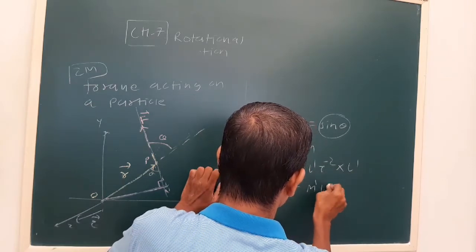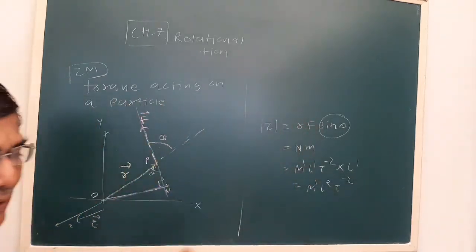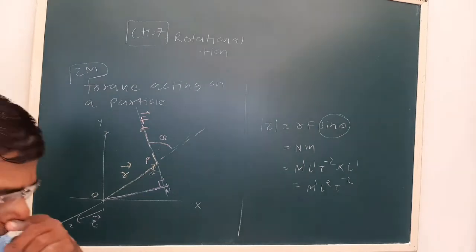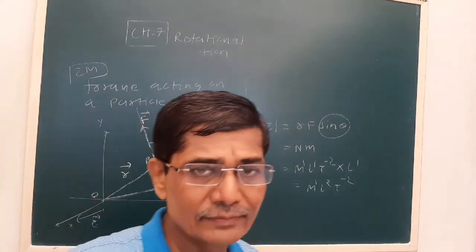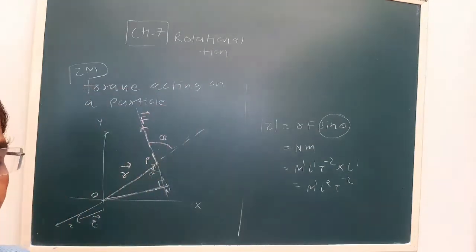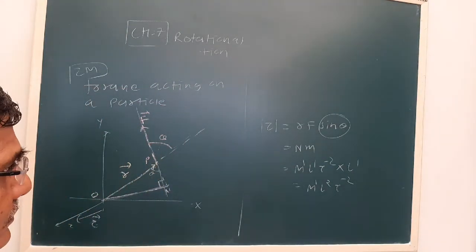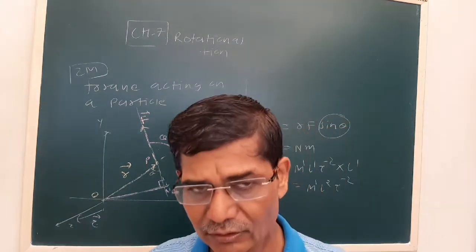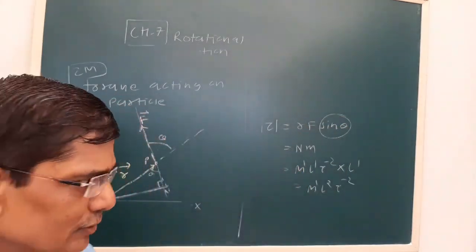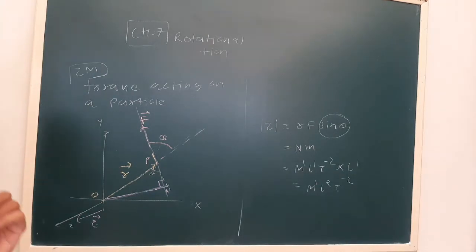So we can write M1 L2 T minus 2 will be the dimensional formula of the torque. You can easily check. See, the dimension of torque and work are same. The work you study generally in linear motion and torque in rotational motion.